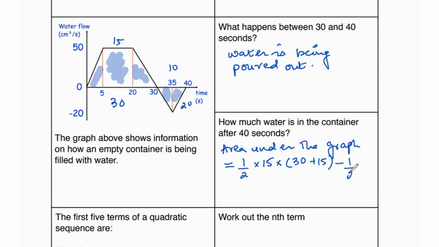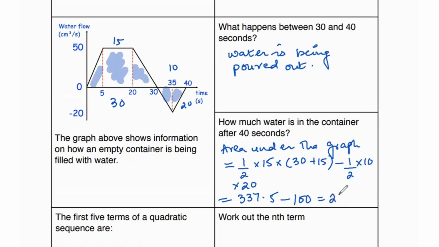So area of triangle is 1/2 times the base times the height. So 30 plus 15 is 45, 45 times 15, and then divided by 2, 337.5, minus 10 times 20 is 200 divided by 2 is 100.